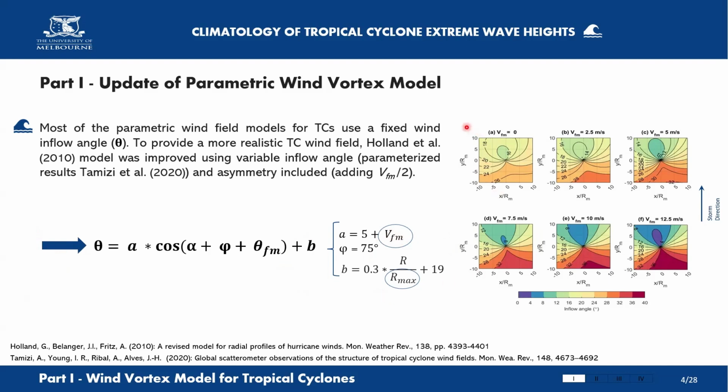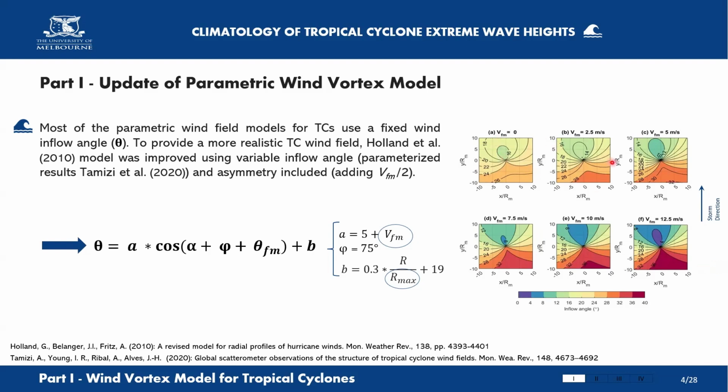In these panels, we have the wind and flow angle contour plot within a storm for different velocities of movement. We have in the top left the stationary storm, and in the bottom right, we have a storm with a velocity of movement of 12.5 meters per second.